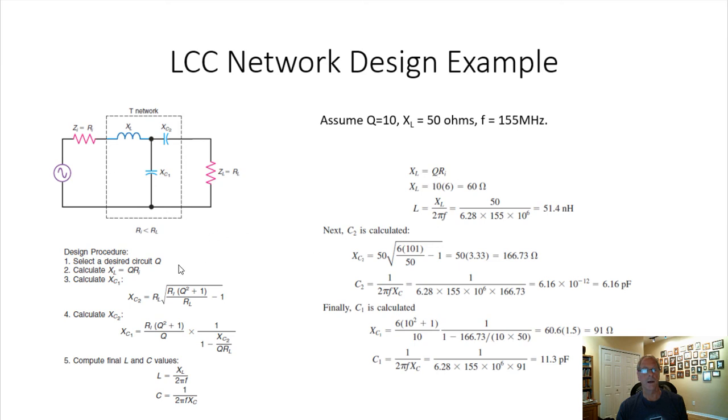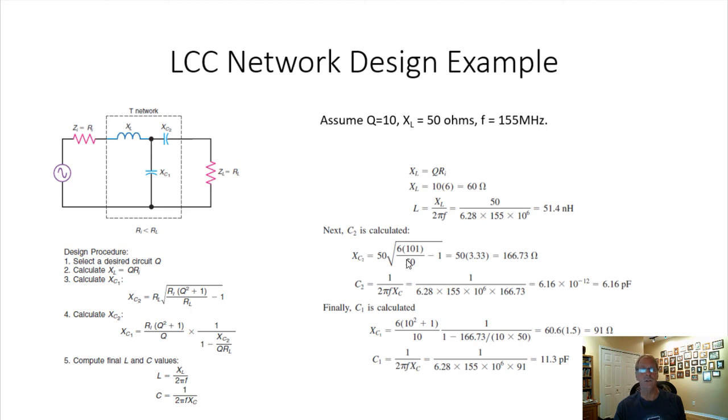Calculate the inductive reactance, XL, Q times RI, which is the input impedance, which is 6 ohms. I think I forgot to put that there. 6 ohms is our RI, so that's going to be 60 ohms as our inductive reactance. The inductance value is XL divided by 2 pi F, so it's 51.4 nanohenries.